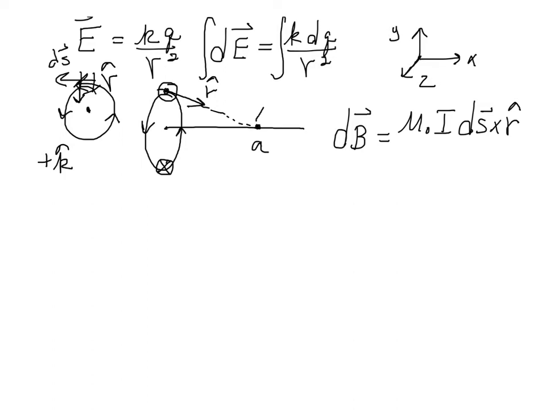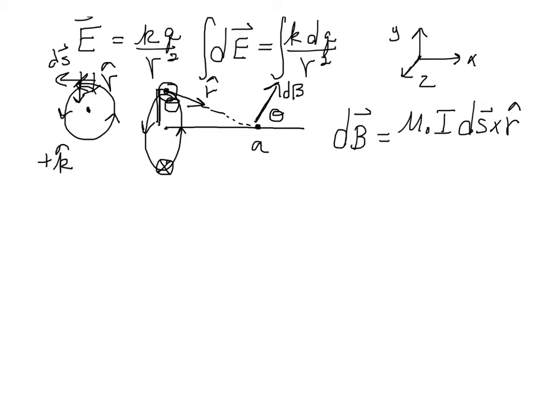So the direction of dB is going to be in that direction. And that forms an angle theta with the x-axis. And skipping the trig, that is our r, the radius of the circle, and in this diagram this is the same angle theta. You can do the trig to prove that to yourself.